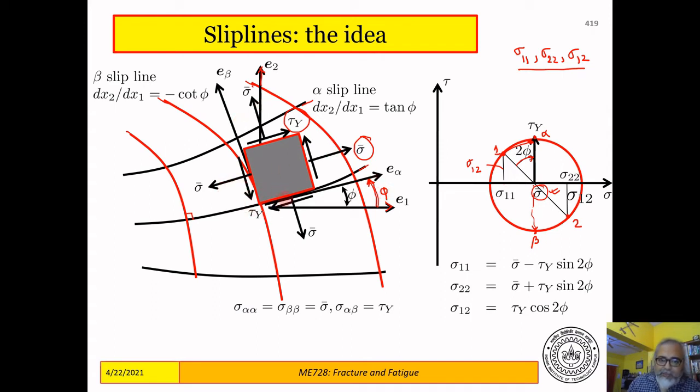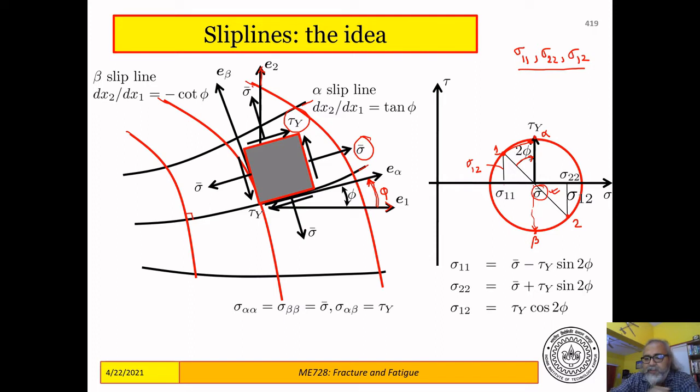So if I do this at every point, turned by a different angle alpha, I will be able to trace out these black curves, which are the alpha lines, and then perpendicular to the black curves, I can trace out the beta lines, in such a way that at any point, if I orient my pillbox around the E alpha, E beta direction, which is tangent to the alpha and beta curves, I will reach a state of stress which has tau y as the shear stress and a superimposed hydrostatic stress sigma bar.